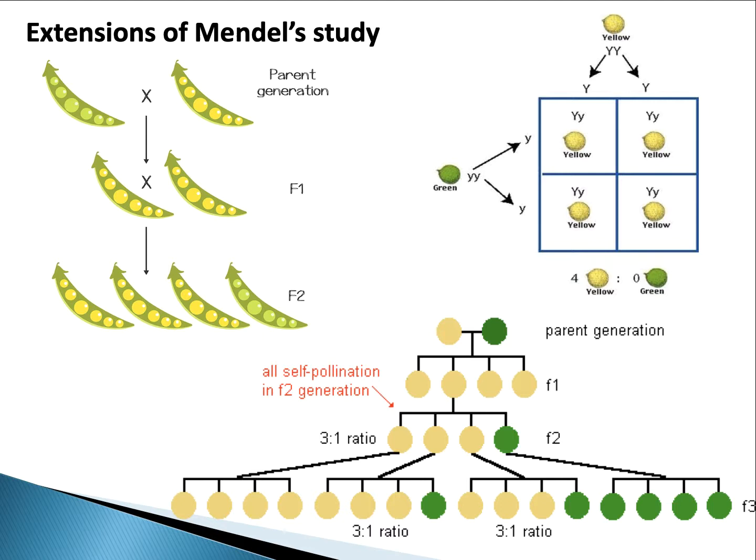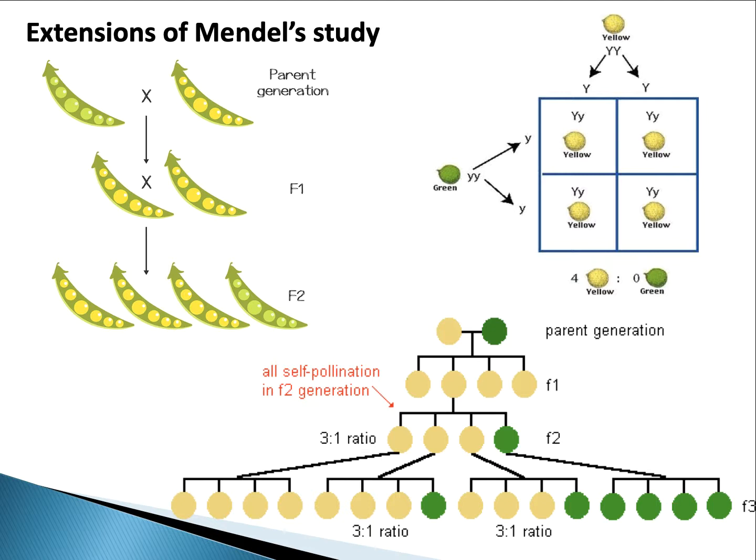So he discovered that some characters were dominant, that is, they showed up more often in the F2 generation after self-pollination of the hybrid. And there are some that were recessive, that is, they showed up less often. And the ratio was almost always 3-to-1, 3 dominant characters to the 1 recessive character.